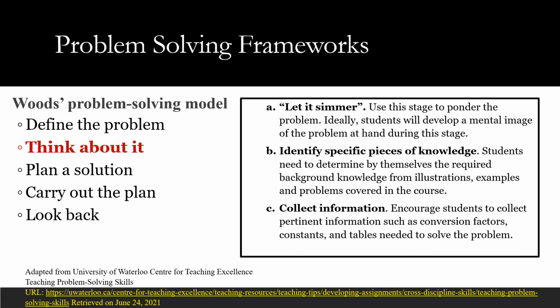So this step is called think about it. You should let it simmer, identify specific pieces of knowledge, and encourage students to collect information such as conversion factors, constants, and tables needed to solve the problem.